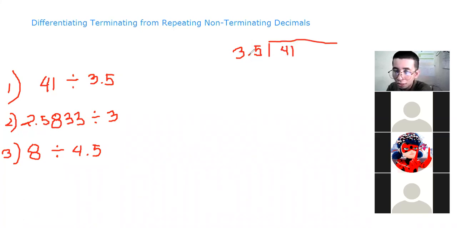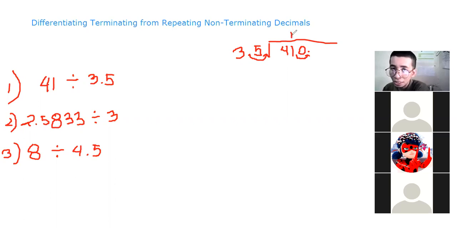So, since we have decimal in our divisor, move natin si decimal to make it whole number. Since nag-move tayo ng 1 place, mag-move din tayo ng 1 place dito kay 41. So, magiging 410 na siya. And then, we go to our normal division. 41 divided by 35. Ilang 35 meron kay 41? Isa lang.